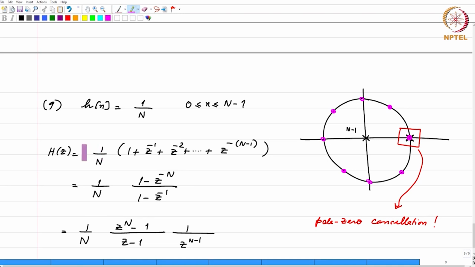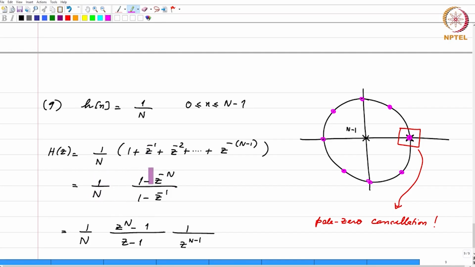Therefore, in this form, you see that this is an all zero filter, because the only poles are the trivial poles. So, this is indeed an all zero filter.